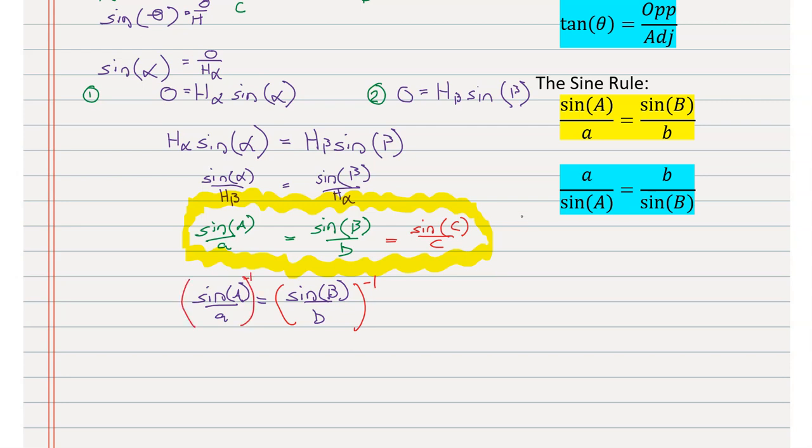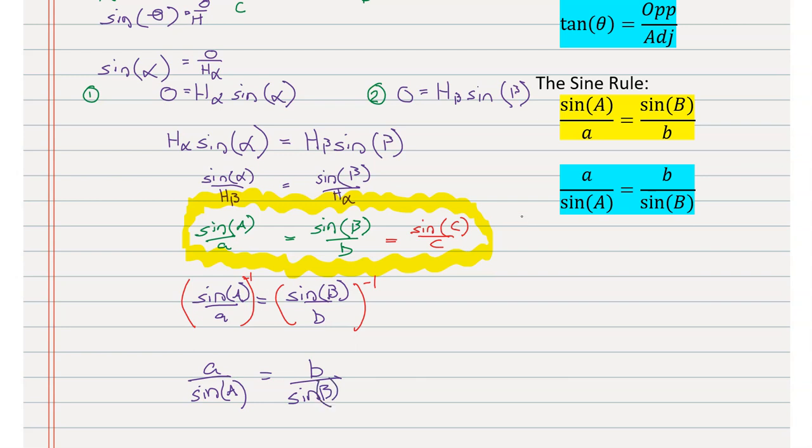And we know using our index laws, anything raised to the power of -1 flips the fraction on the inside. So therefore we get a over sine A is equal to b over sine B.